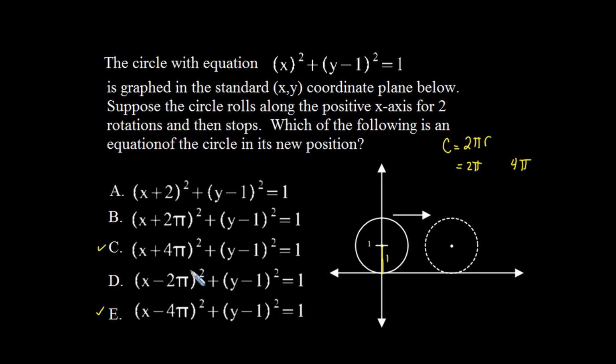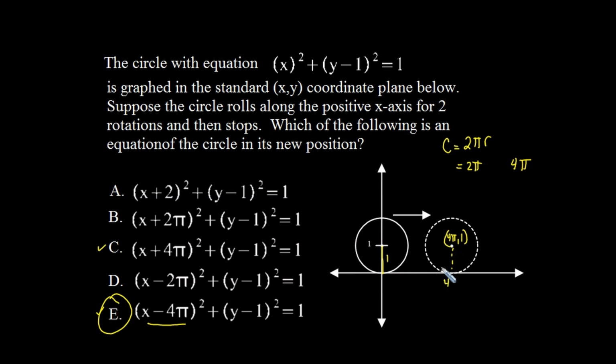And we are shifting to the right from our original position. So you have to remember that this coordinate right here is going to be (4 pi, 1), because that's the new center, and that ends up being E. It is going to appear opposite of our actual center.